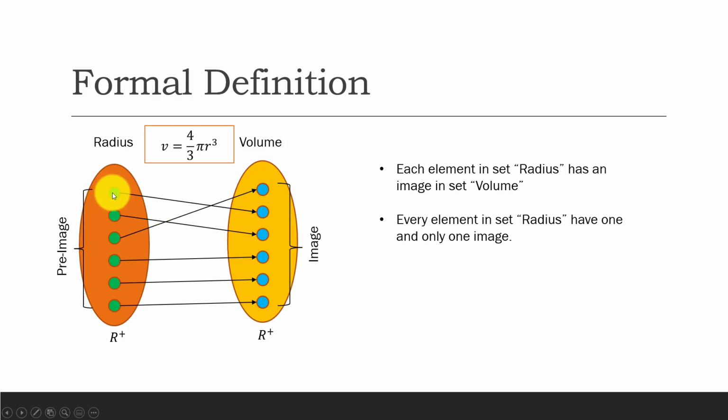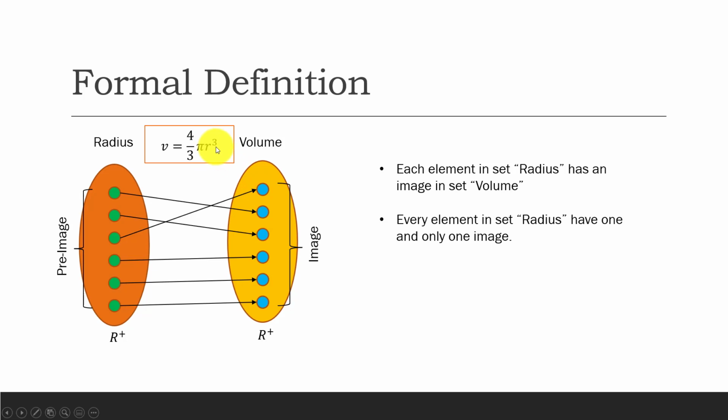Each and every element in the set radius has only one image. So for a particular radius you will never get two different volumes, otherwise that will never be a function. We have a special name for that, called a relation. So we will never get two different values when we put in some value.